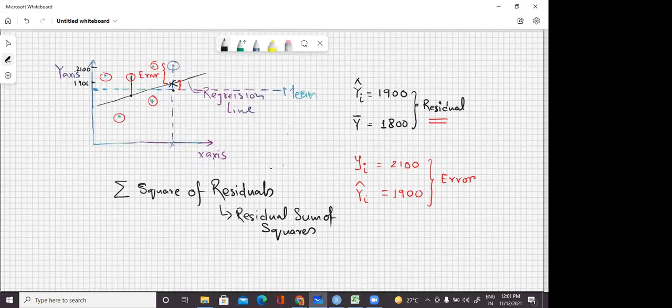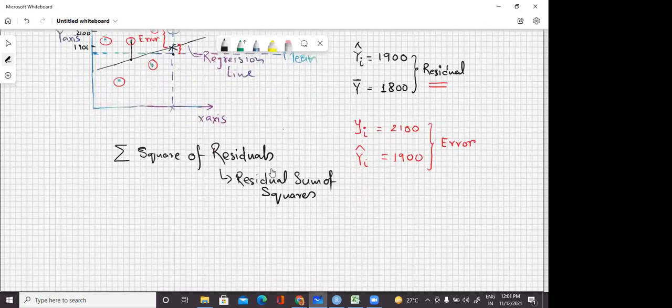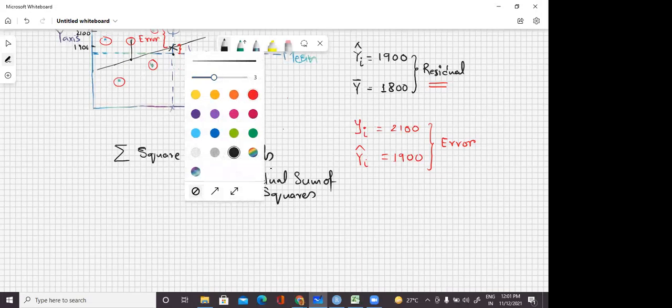Now, similarly, as you might have guessed, we will do the same thing with these errors.